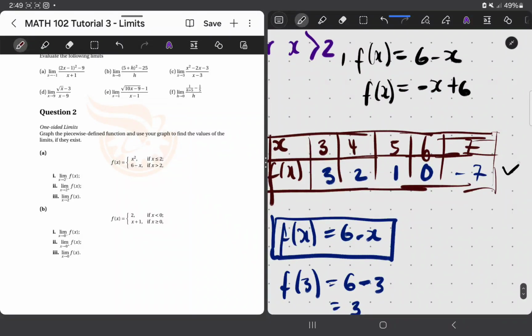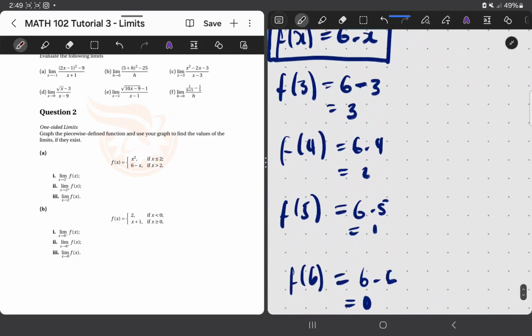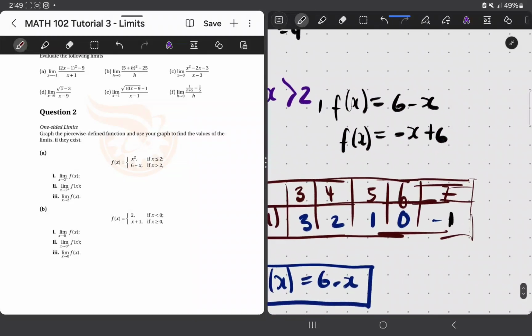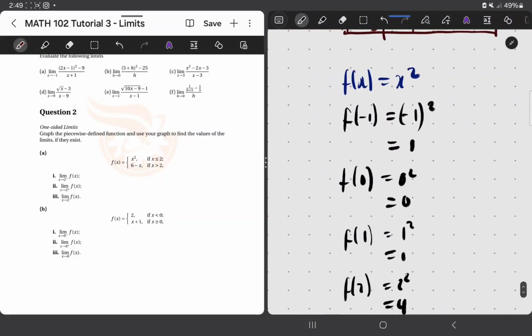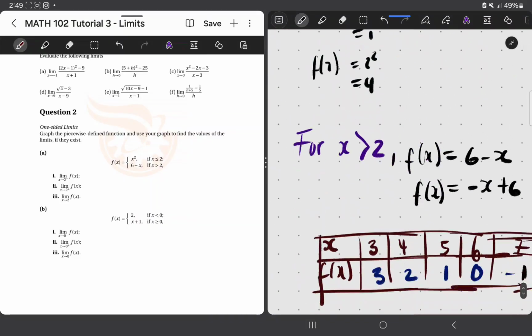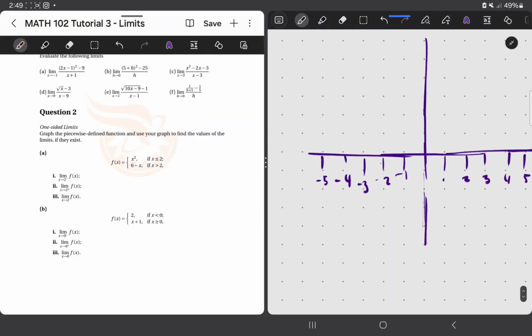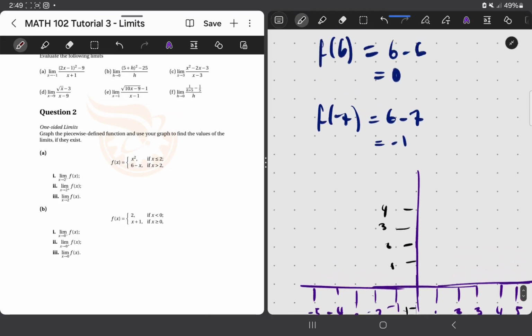We were getting these f of x values. Sorry, when you put it, it was minus 1, not minus 7. So I can see it's from 3 to minus 1. On the other table, it's from 1 to 4. So this is what we'll be having. 1, 2, 3, 4, minus 1, minus 2. Like this.